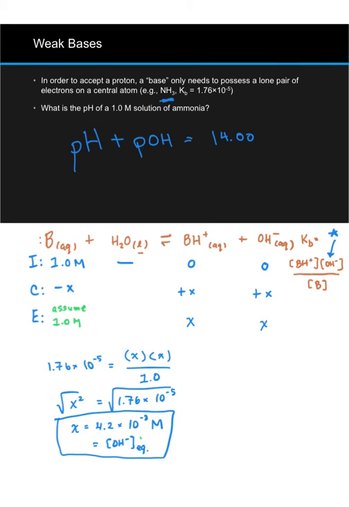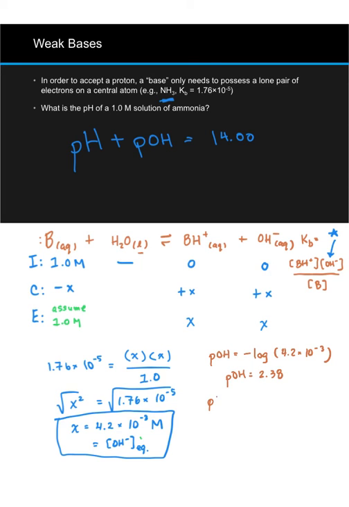All right, so what's the next thing that we can do? The best we can do with the information that we've deduced here is calculate a pOH. We have calculated a concentration of hydroxide ions at equilibrium. The pOH for this solution of ammonia is equal to the negative log of that 4.2 times 10 to the minus 3 molar. Our pOH is 2.38.